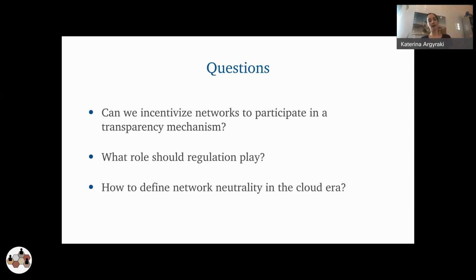Everything I said today was about ISPs, and an ISP discriminating against video traffic. Today, a big chunk of the path traversed by our traffic is through public clouds, not traditional ISPs. Should we think about cloud neutrality differently because clouds are content providers as opposed to communication providers? Or are the notions of content versus communication provider so blended today that we should not be differentiating between them anyway?